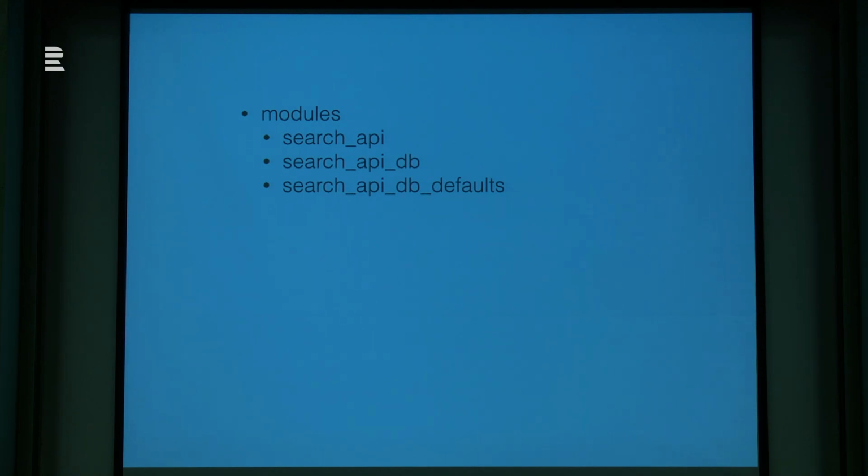So we have 3 modules within Search API. You have the main Search API module, and Search API database, which gets included as a sub-module of Search API. It's also quite easy to set up and easy to get started with.